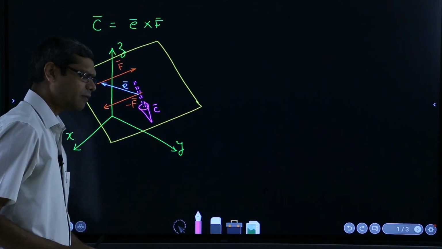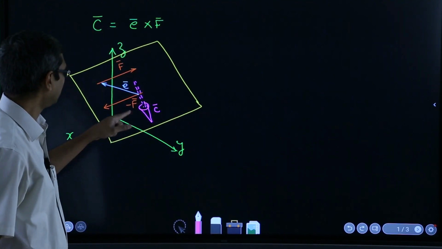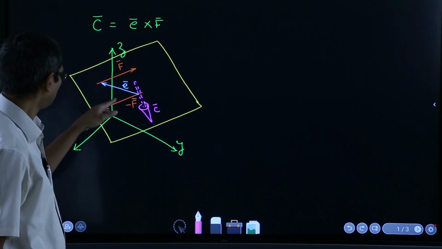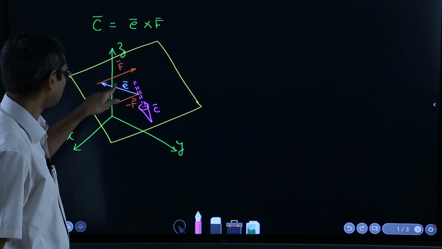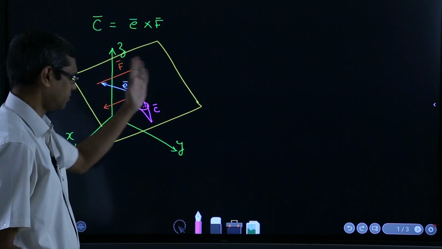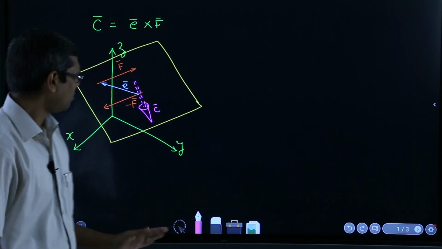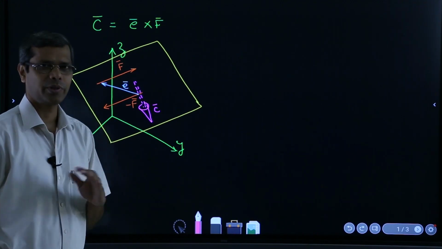Now, students always face this problem of thinking that this C should be drawn just at the center of these two vectors, equidistant from both sides, in a symmetric way. But that idea should first be removed.